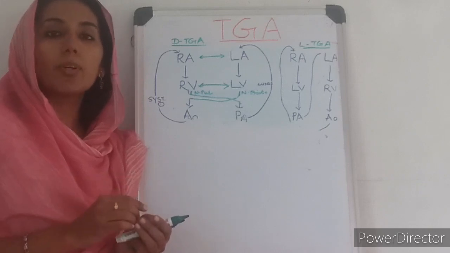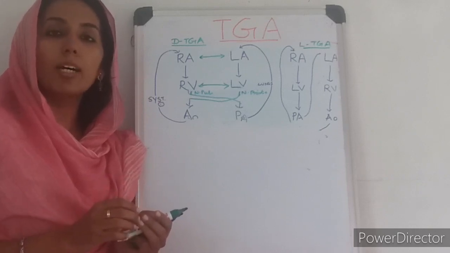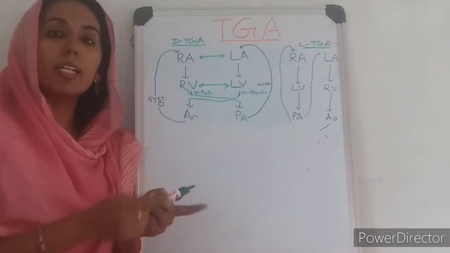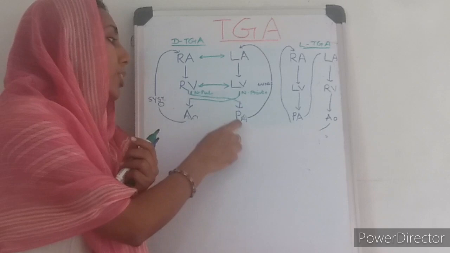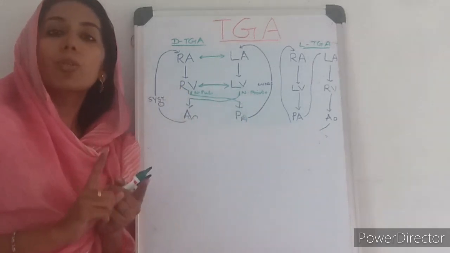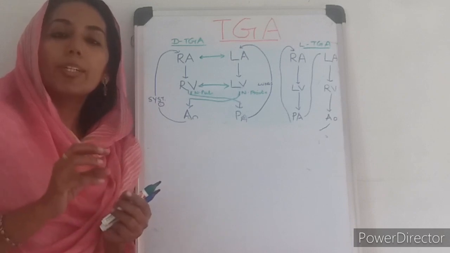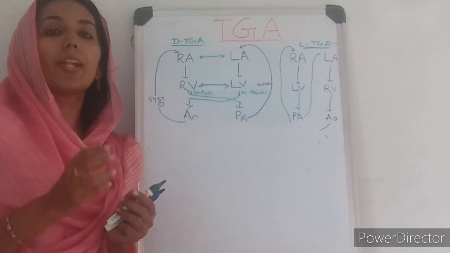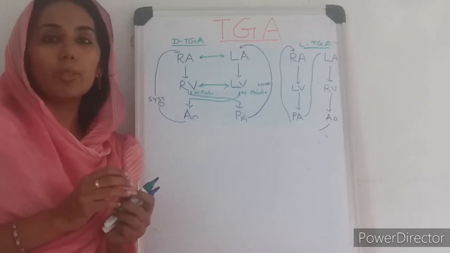Another complication is coronary artery stenosis. In the arterial switch operation, other than attaching the pulmonary artery to the RV and the aorta to the neo-aortic root, we also take the coronary arteries with a cuff of aortic tissue and transplant them to the neo-aortic root.